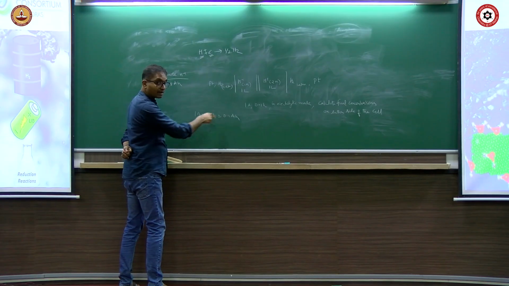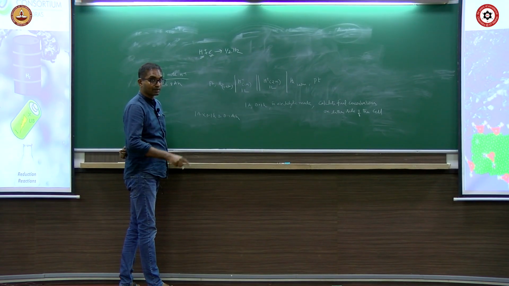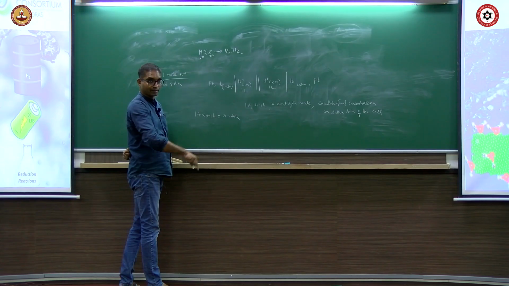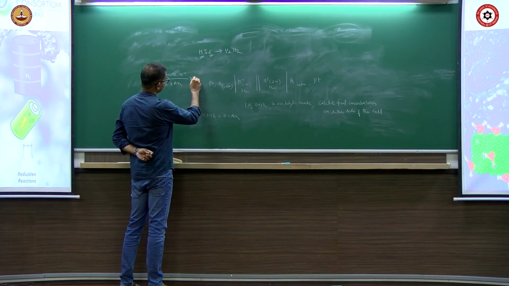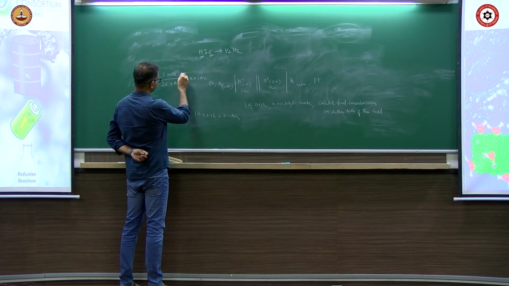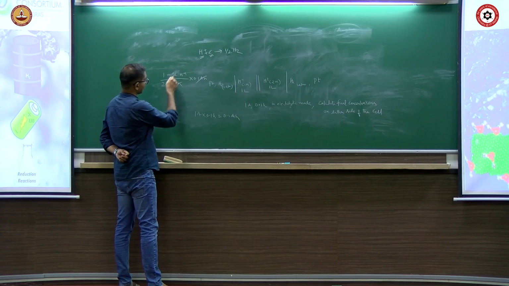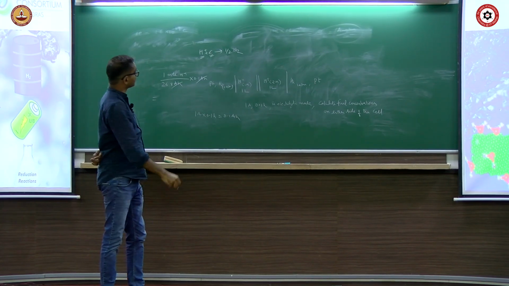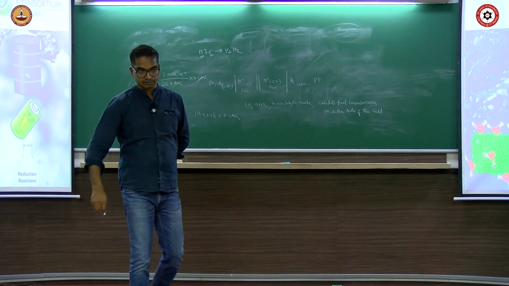Now how many ampere hours have passed? Because ampere hour is a charge, this is the charge I passed. So that reaction might have happened. So 0.1 ampere hour, the ampere hour cancels, how many moles do you get? Someone calculate, 1 by 26.8 into 0.1, how much?